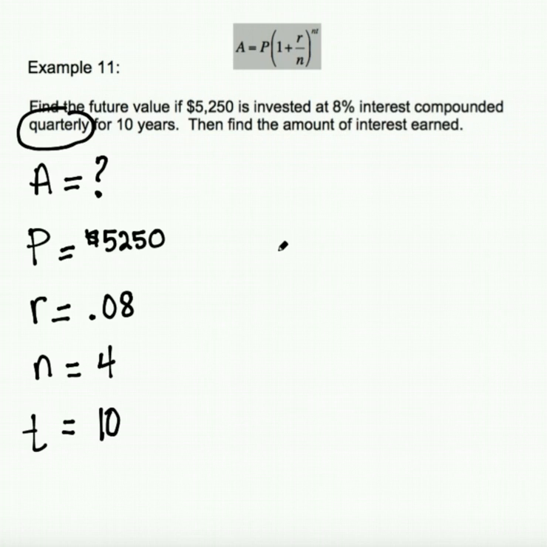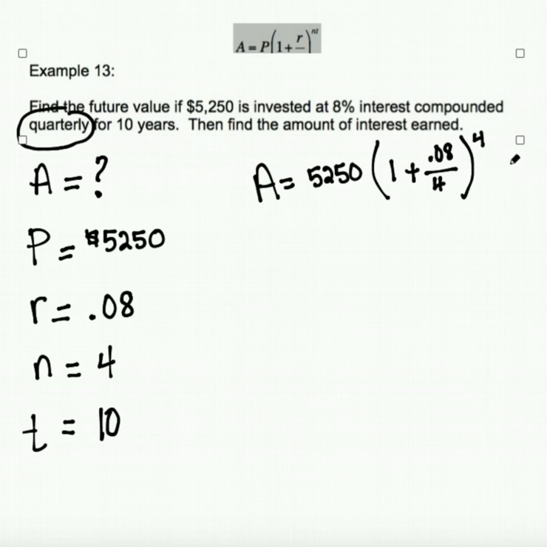So now it's just a matter of plugging everything in and then calculating it correctly in my calculator. So that's going to give me A equals 5,250 times 1 plus 0.08 divided by 4, raised to the 4 times 10 power. So I'm going to write that as 40. 4 times 10, that's where that's coming from.